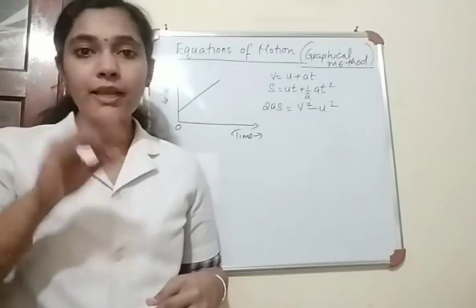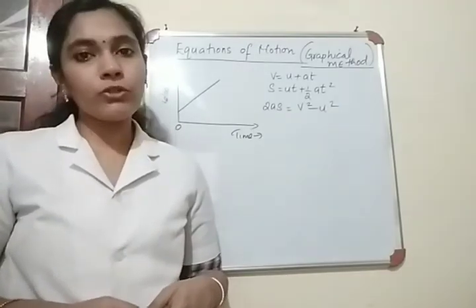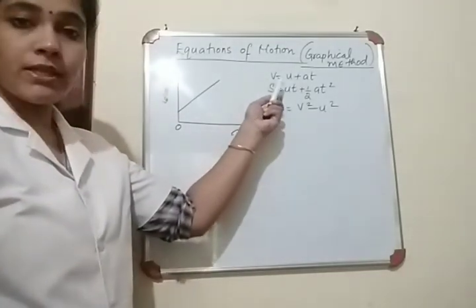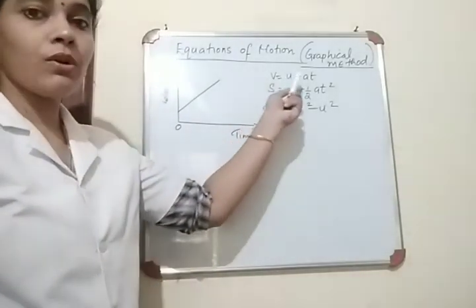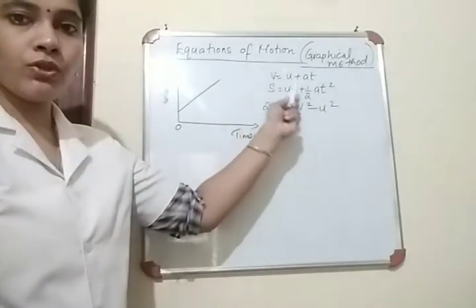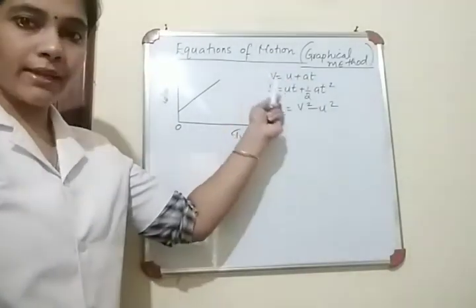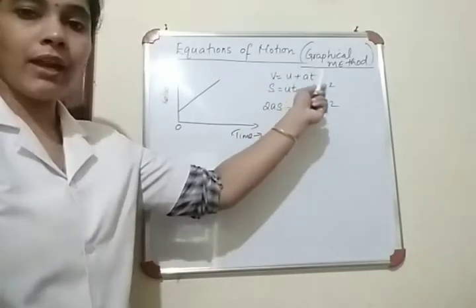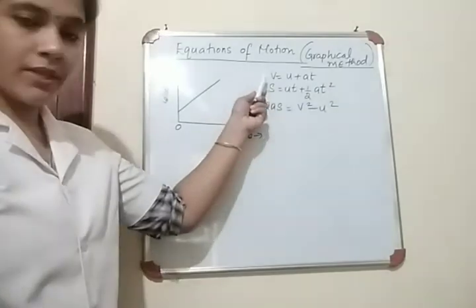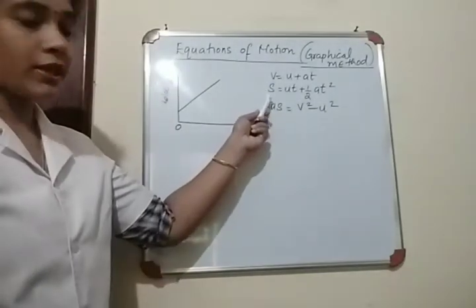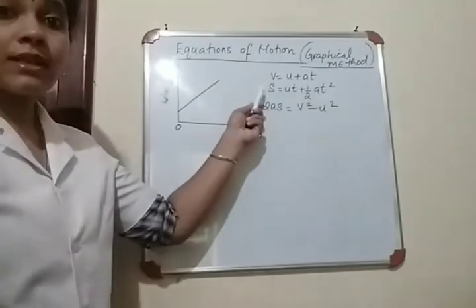We have three such sets of equations of motion, which are given here. Which is the first equation of motion? v = u + at. And you are familiar with the terms v, u and a. v is the final velocity, u is the initial velocity, a is the acceleration and t is the time. This is the first equation of motion, and this is the second equation of motion. s means displacement.